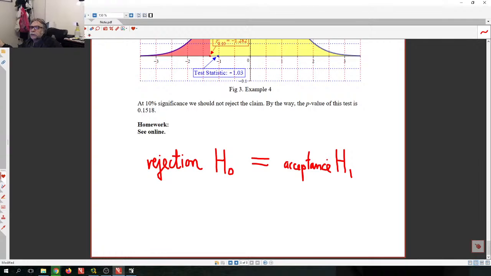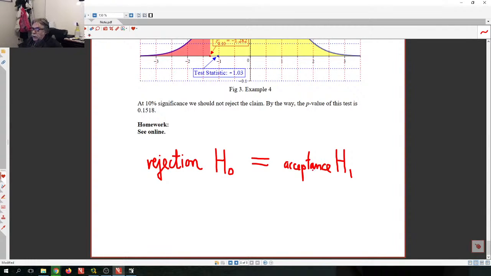The alternative is true. Right? So if you need to accept something, that could be alternative hypothesis. So the test ends up with rejecting null hypothesis, which means acceptance of alternative. Or the test ends up with not enough evidence to reject null hypothesis, which means not enough evidence to claim the opposite, to accept the alternative.